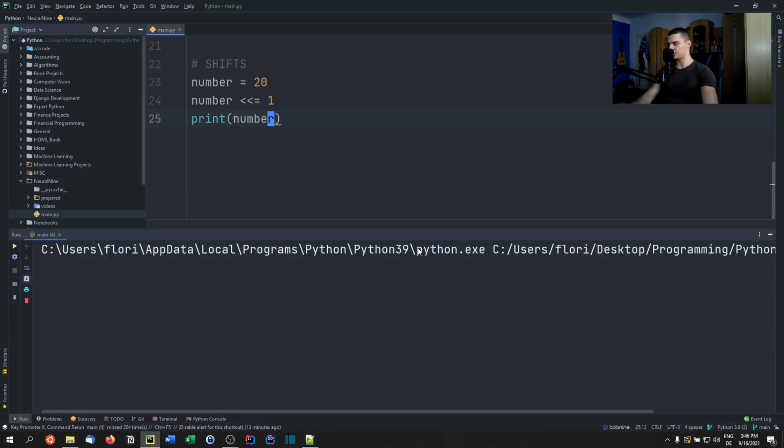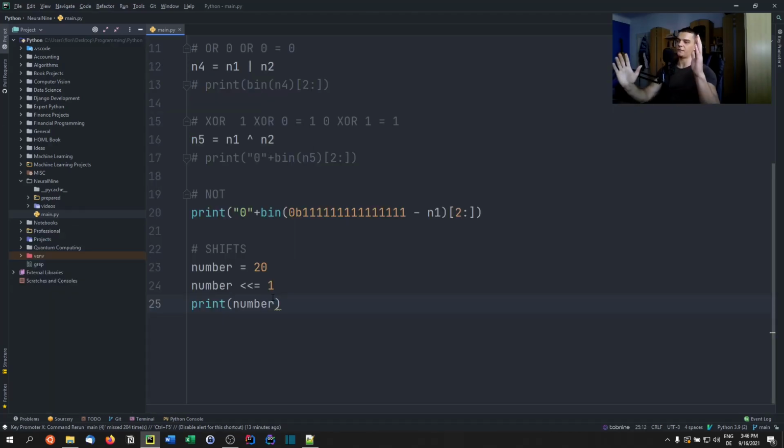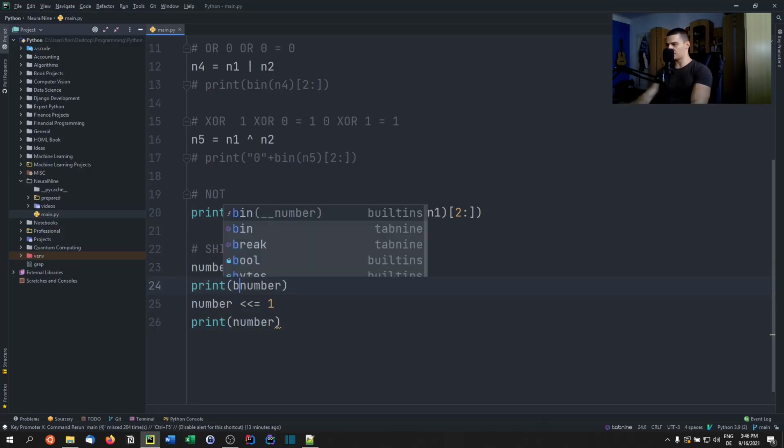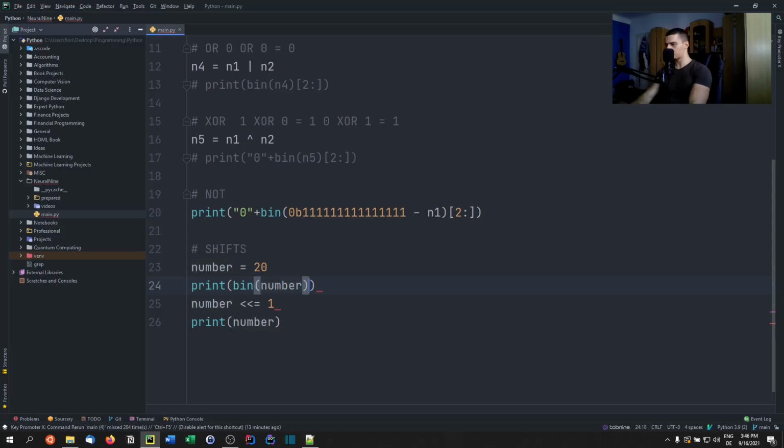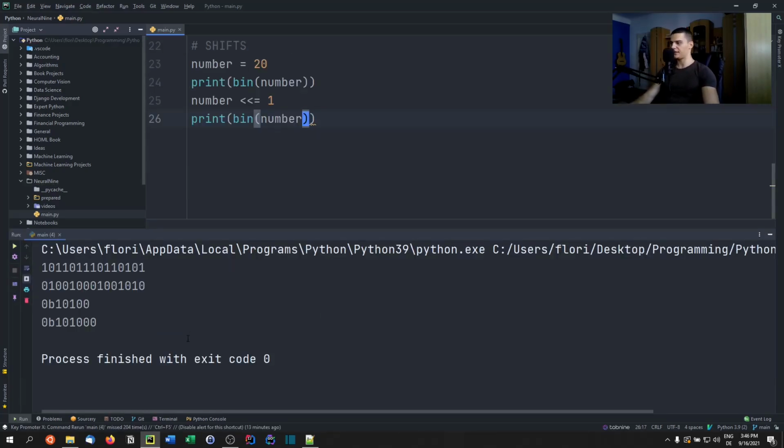And I'm going to explain to you why that is, if you don't know it yet. Because that basically means that we shift all the bits of the number. Let me show you the representation here. So let's copy that and change this to binary, and this to binary as well. You're going to see that what happens here is we're actually shifting the binary bits.